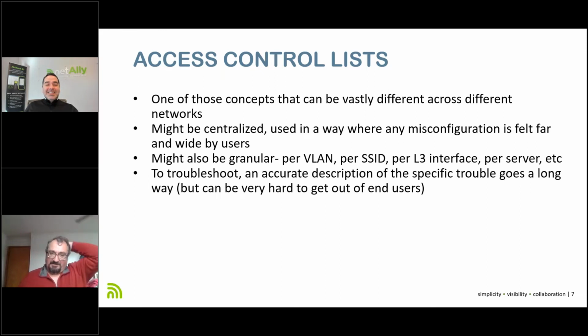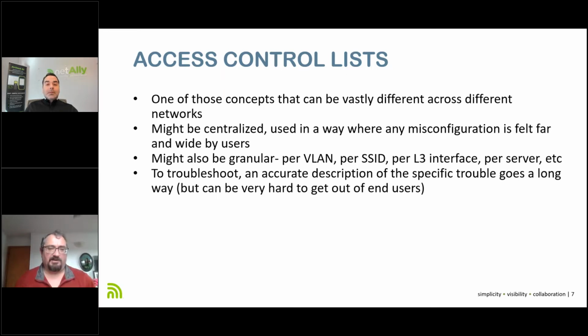But ACLs is one of our first examples. Like I said before, there's so much variance on networks. You really have to understand what you're dealing with. But in my world, we have edge ACLs. Our internet pipes are quite big.